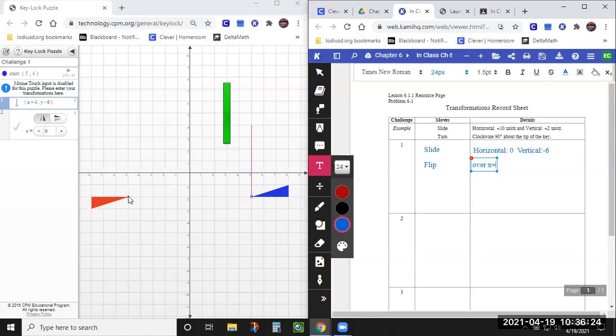What line would be halfway between there? 5 spaces away from where they are. So what line is 5 spaces away? X equals what? One, 2, 3, 4, 5.